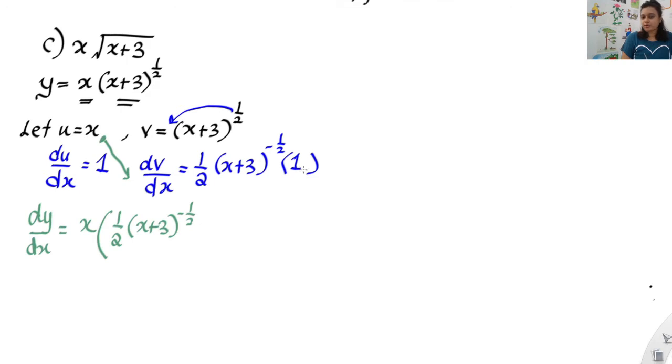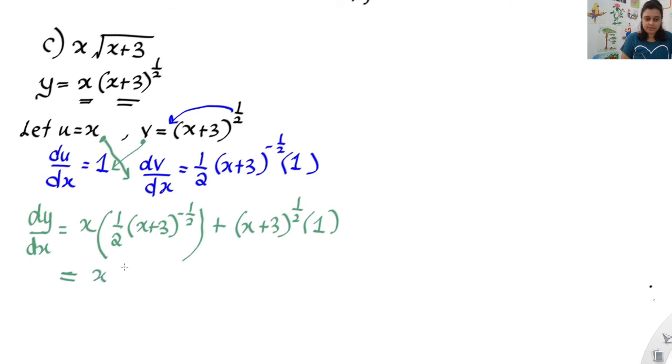This one, 1 over 2 times 1 is 1 over 2, so nothing to solve there. Here the v: plus x plus 3 power of 1 over 2, then you times with 1, and you will get back the same thing. So let's write this back nicely.